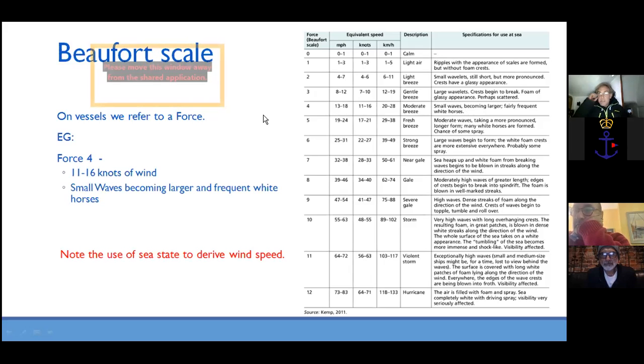It's sea state to derive wind speed. So if you lose your instruments, you can still write down what force it is by what the sea is. So you look at a 10, very high waves with long overlapping crests. The resulting foam in great patches is blown in dense streaks. Well, I mean, you know you're going to be in some sort of storm, but you'll be able to say in your logbook, force 10.